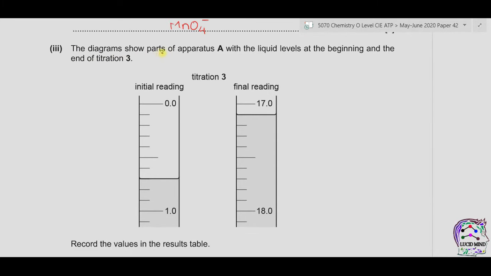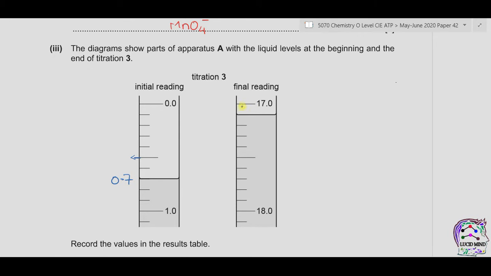Part 3. The diagram shows parts of apparatus A with the liquid levels at the beginning and end of titration 3. This is titration 3, this is the initial reading, and then we have final reading. In initial reading we can see that the value is, we always go from top to bottom, so it is 0.0. Then we have this as 0.5, 0.6, 0.7.